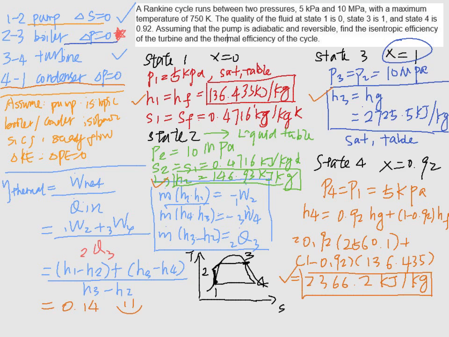Just to give you a quick intro for the next video, we also want to find the isentropic efficiency. That's when we assume it will just go straight down, which is the 4s.